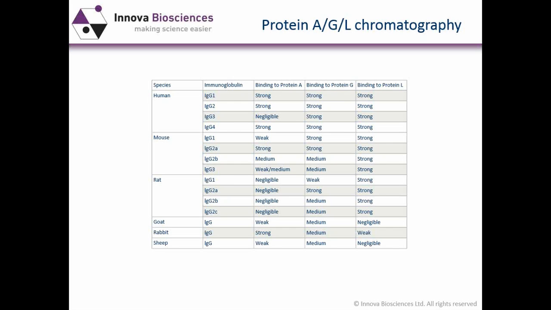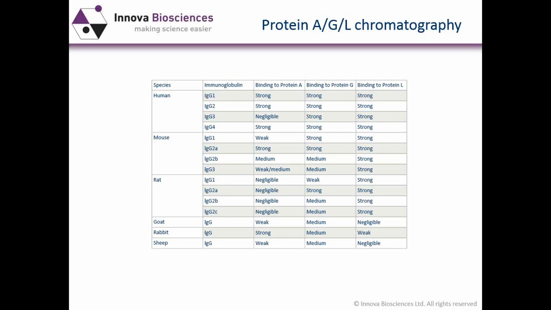But I've stuck really here to human, mouse and rat for the monoclonal sources, and then goat, rabbit and sheep as the most commonly used polyclonal antibodies. Without reading through every single box, I think what you can see if we look at protein A is that it's generally quite good for human immunoglobulins, with the exception of IgG3. It's quite variable for mouse immunoglobulins and is not really very good at all for rat immunoglobulins.